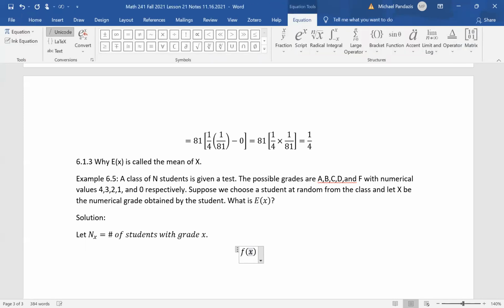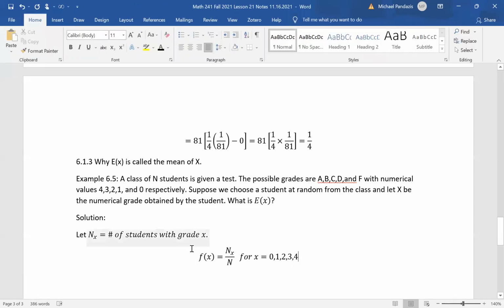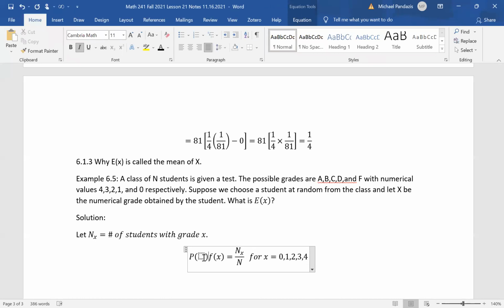That means that f of x, which is equal to n sub x over capital N, for x equals 0, 1, 2, 3, 4, where little f of little x is the probability that capital X equals little x.